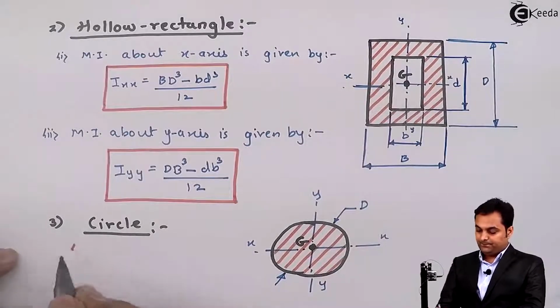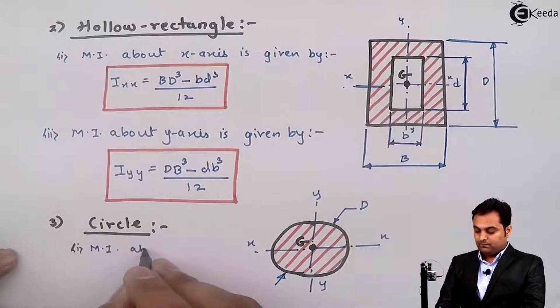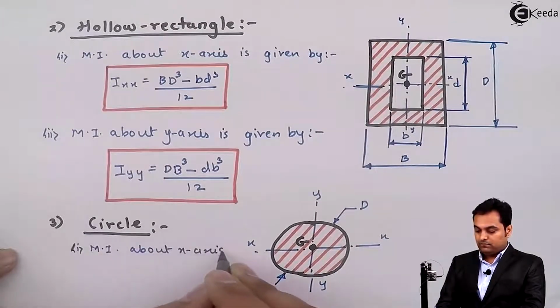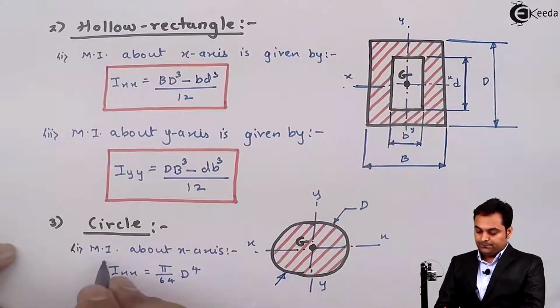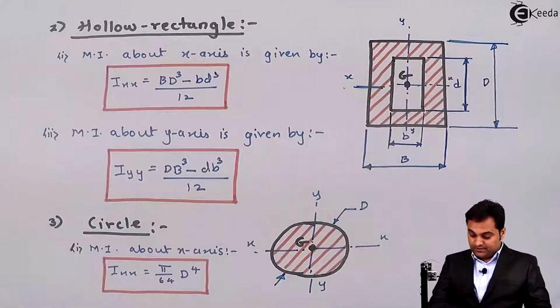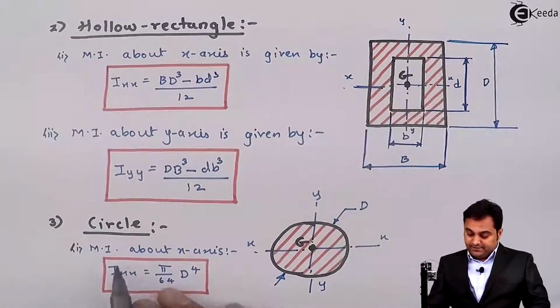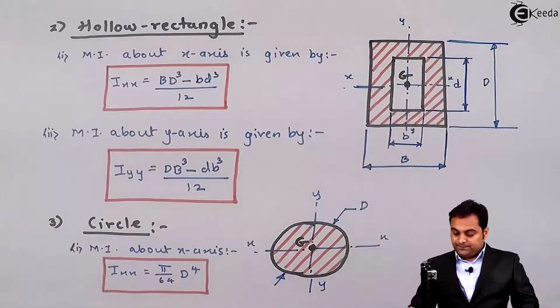MI about x axis, Ixx, is equal to pi by 64 capital D raised to 4. So now I have written MI, moment of inertia about x axis, for a circle.